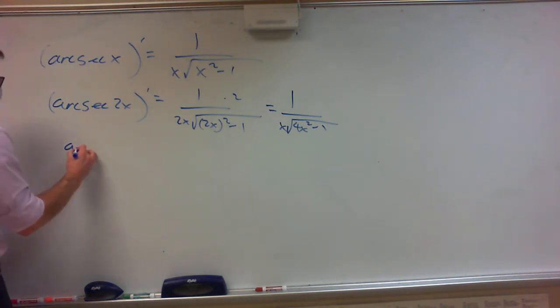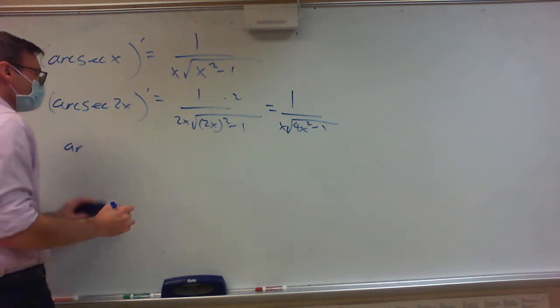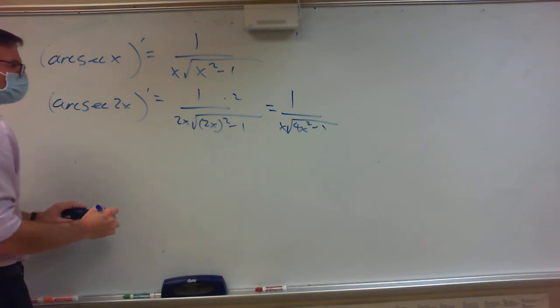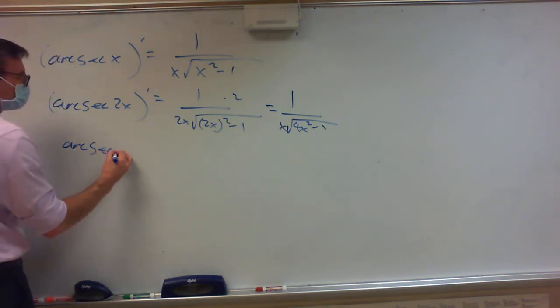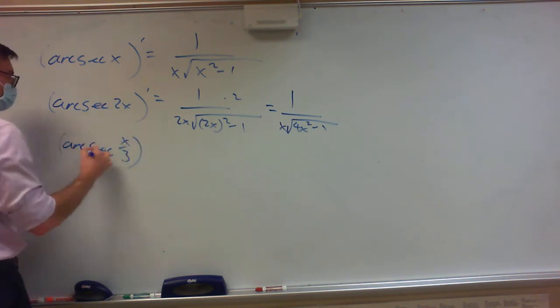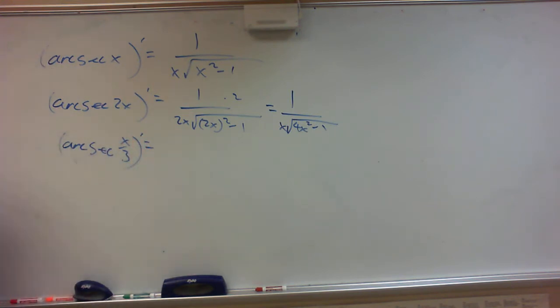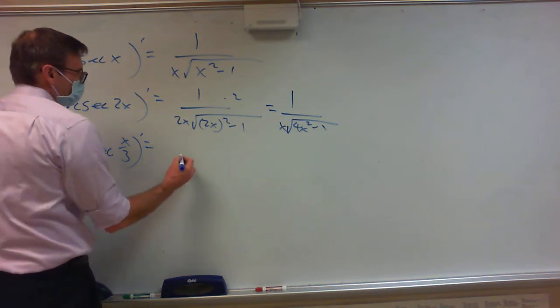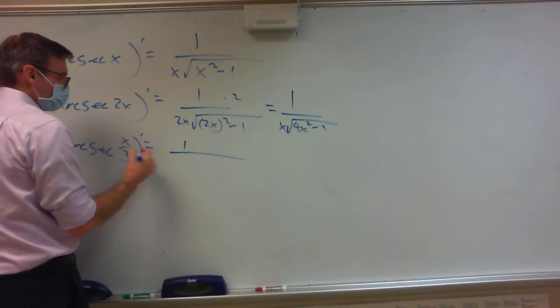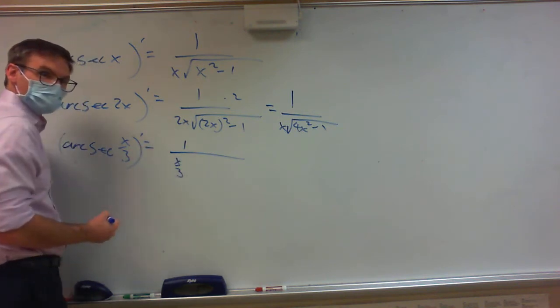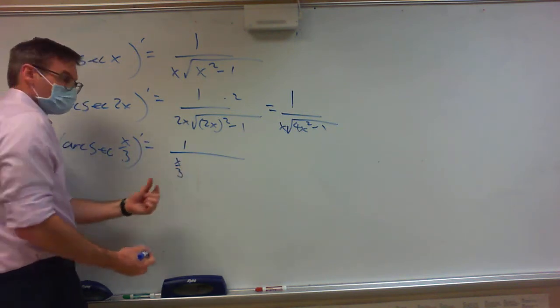All right, let's talk about, shoot. Oh, I need more room. So I want arcsecant of x over 3. This gets a little uglier. Actually, it gets a lot uglier. I'm going to get 1 over, so I'll get an x over 3 here, because whatever this is has to go here.